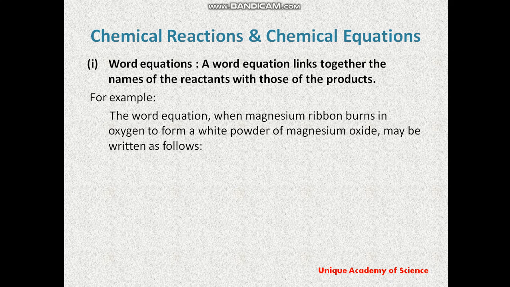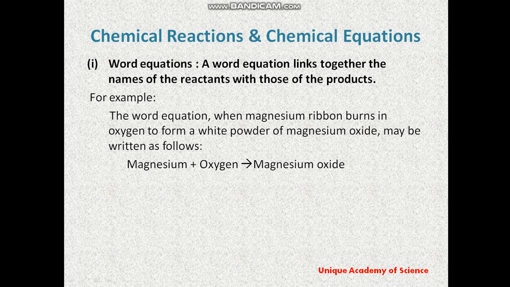For example, when magnesium ribbon is burned in oxygen to form a white powder of magnesium oxide, it may be written as magnesium and oxygen. Here magnesium metal is burned in the presence of oxygen.